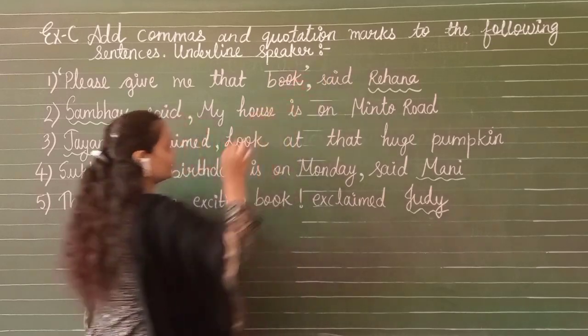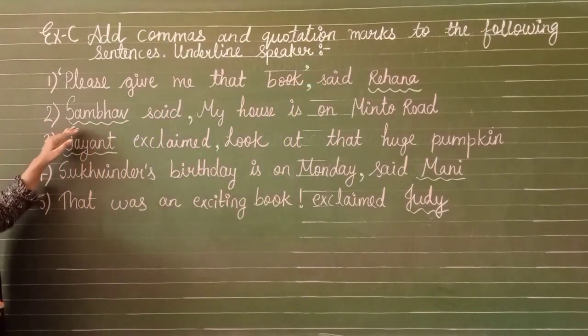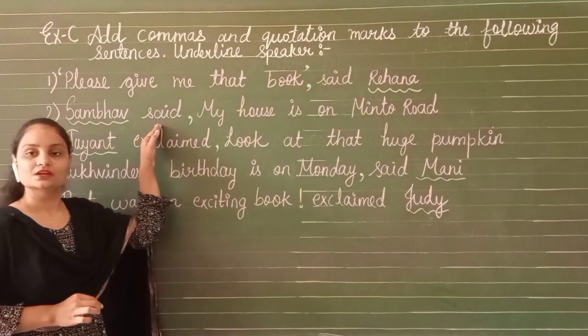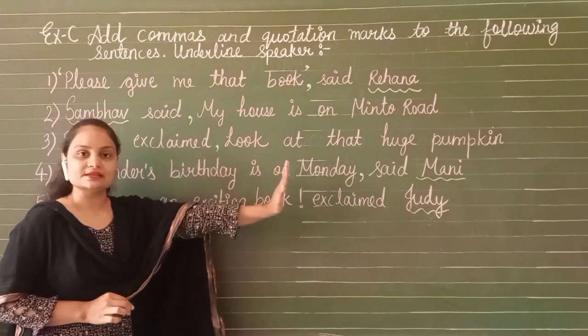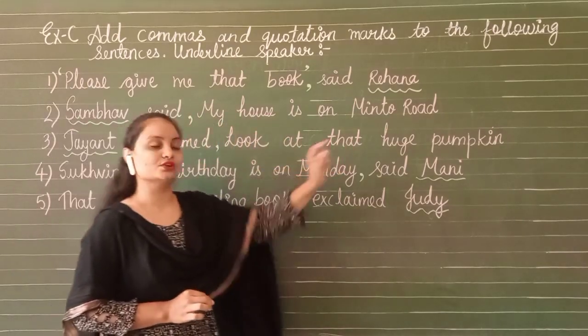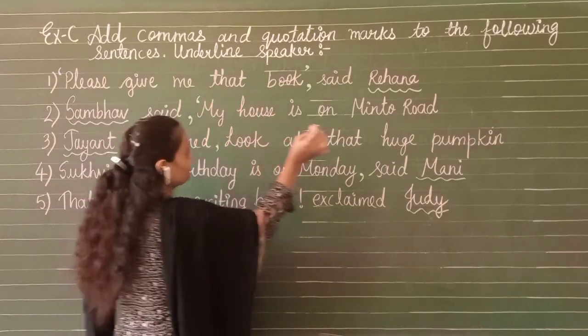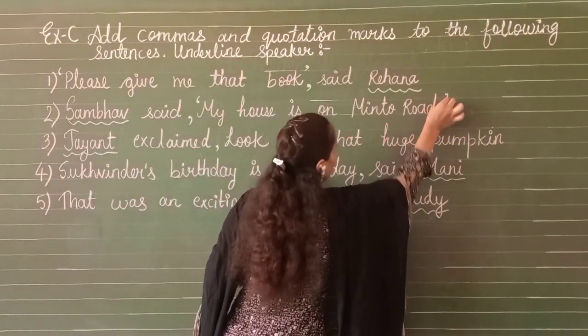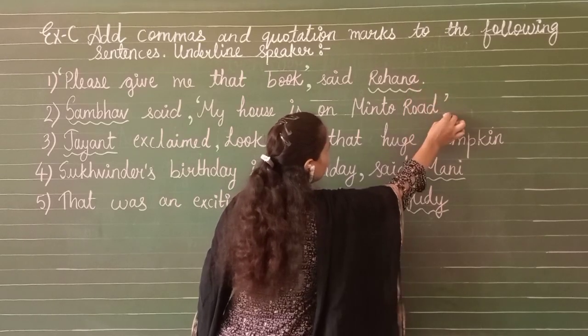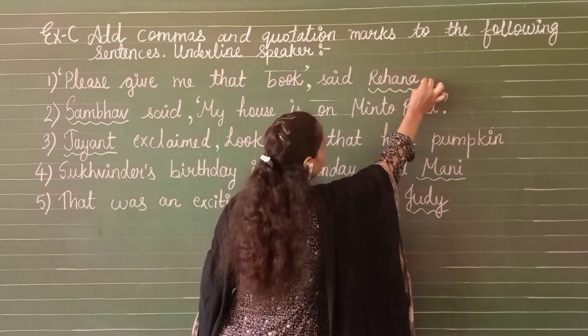Next is Sambho say. The rest of the sentence is separate, so this will be enclosed in quotation marks. And at last we will add a full stop.